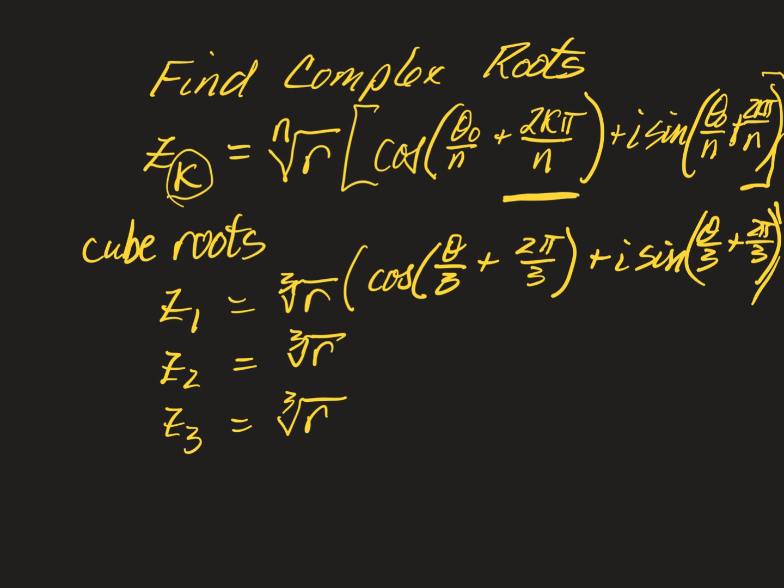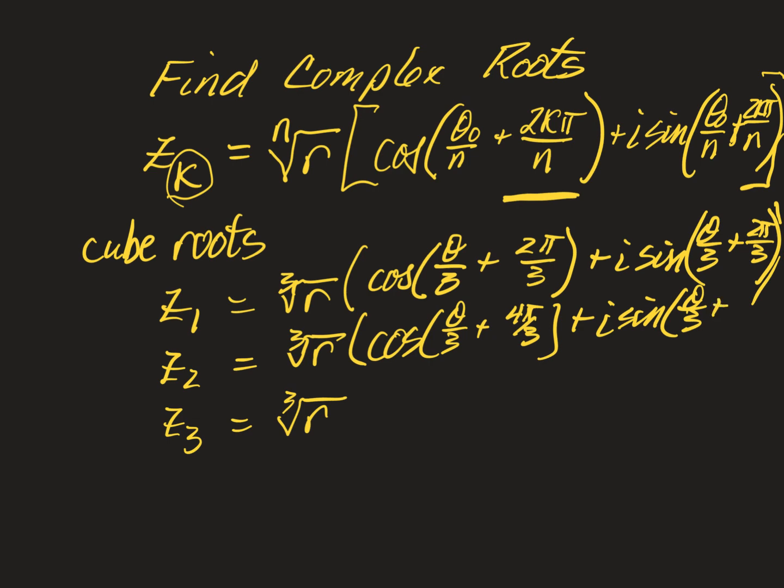Now, on z sub 2, how's it changed? Well, the second root will still be theta over 3, but now you'll have 4 pi over 3, because k is 2, so you take 2 times 2 pi over 3. And then that'll be the next 120 degree rotation.